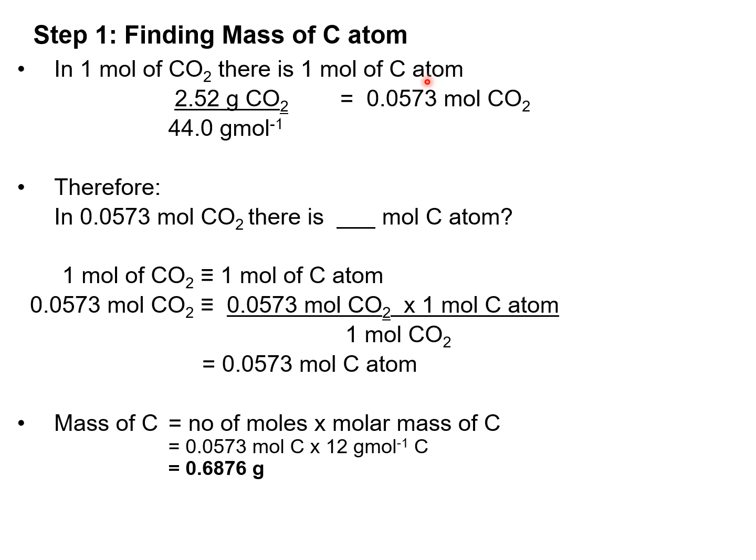Okay, so now let's find out the number of mole of carbon dioxide. Okay, untuk tahu number of mole of carbon dioxide, number of mole of carbon dioxide is equals to mass of carbon dioxide divided by molar mass of carbon dioxide. Okay, mass of carbon dioxide dah dibagi dalam soalan.